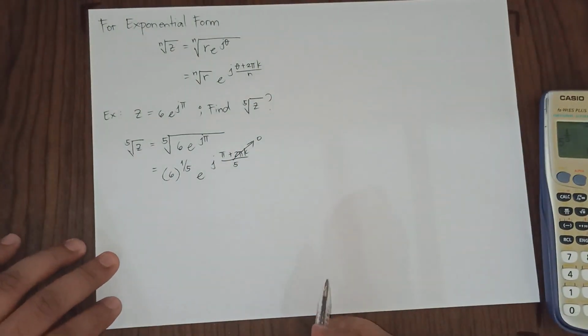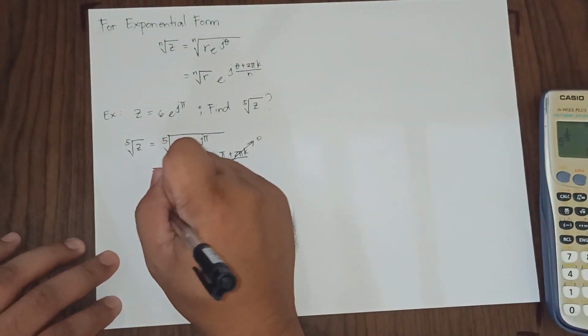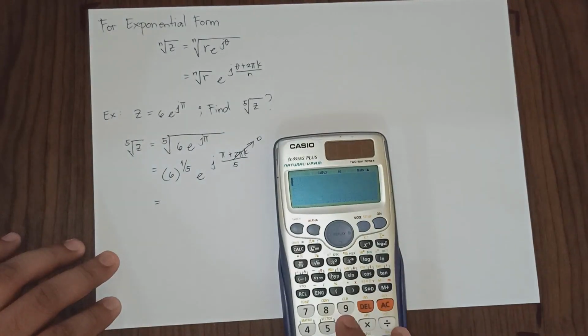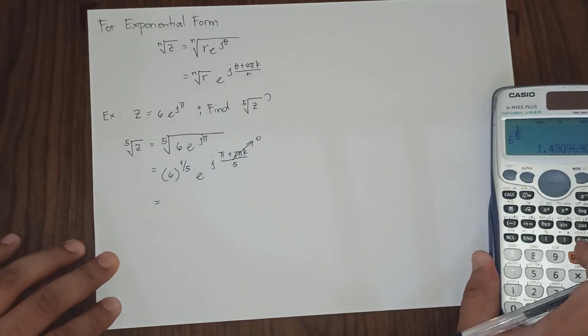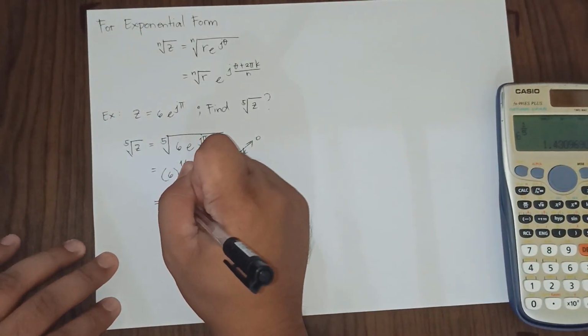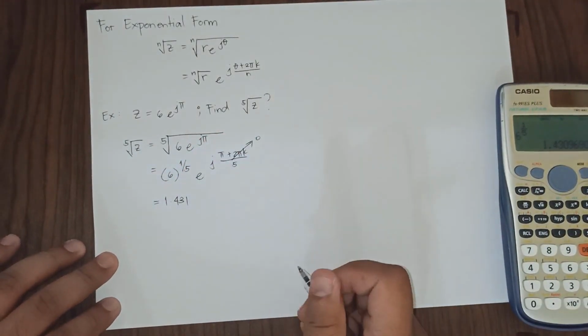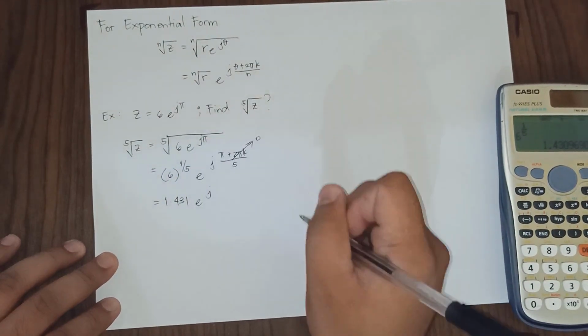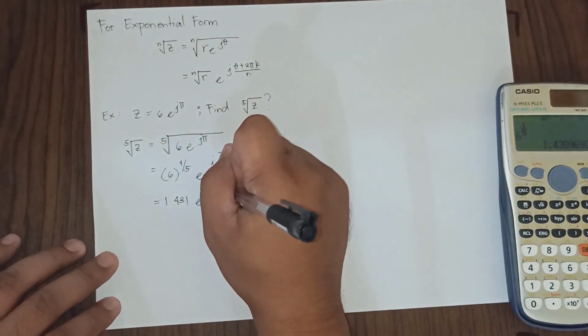So how much is that? 6 raised to 1/5 is 1.431, e raised to j of pi over 5.